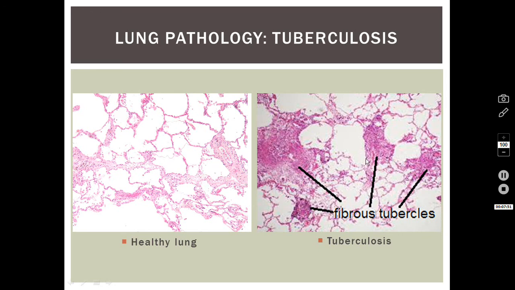You can see all these fibrous tubercles. It's not these nice, healthy, open spaces of the alveoli. You're starting to get a lot more fibrous tissue, and it just doesn't look as healthy.